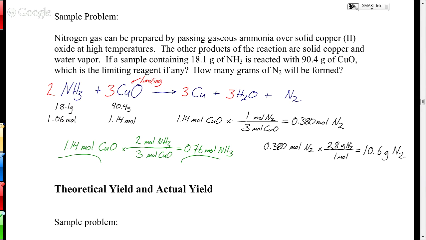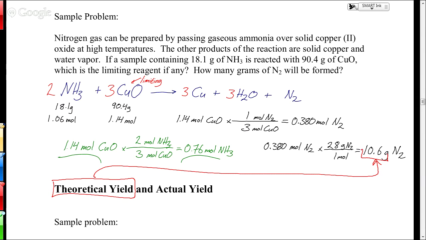We're good? Okay. So another name for that 10.6 grams of nitrogen is theoretical yield. That's the answer to this question, how many grams of this will be formed?